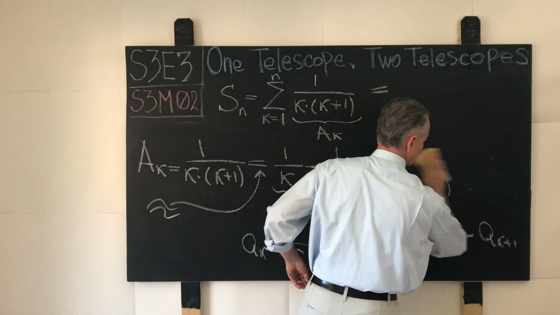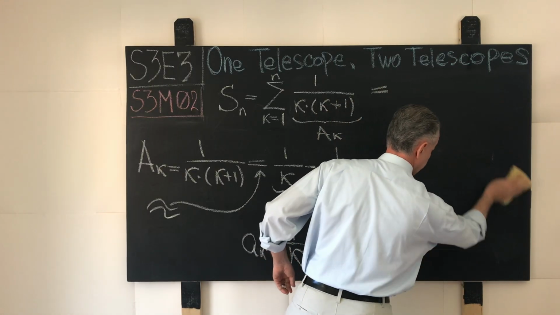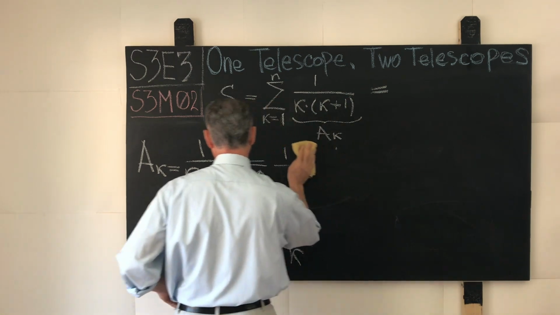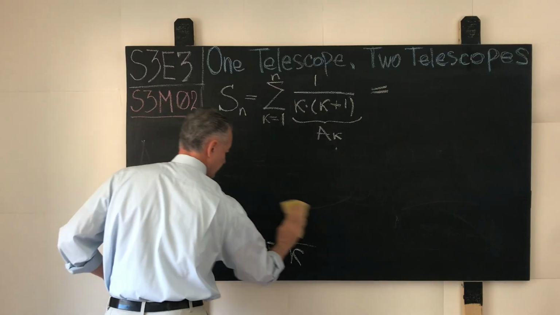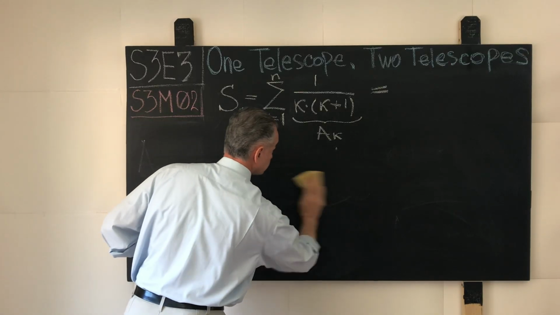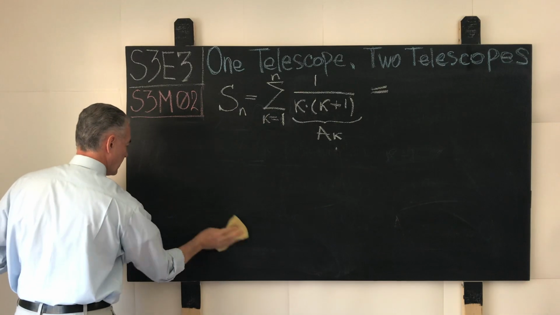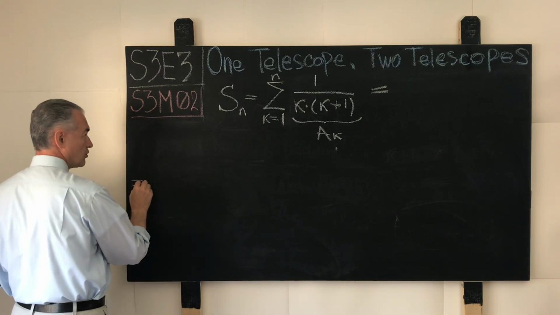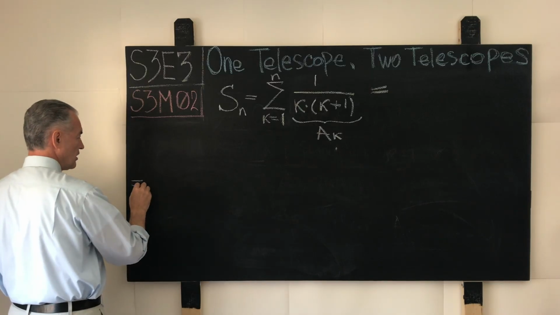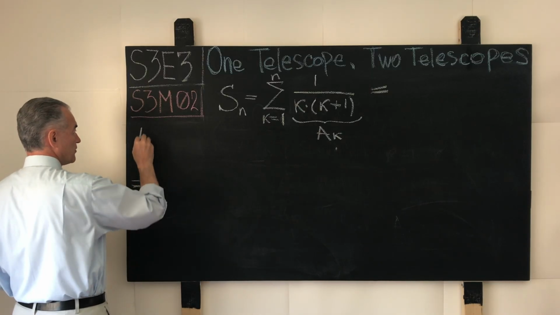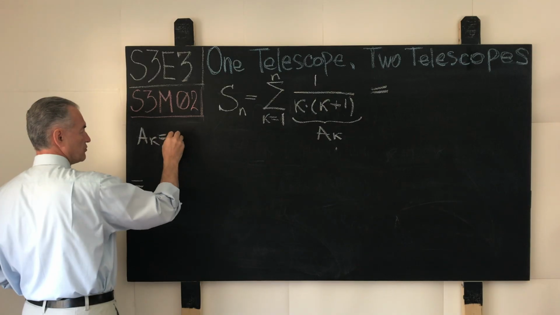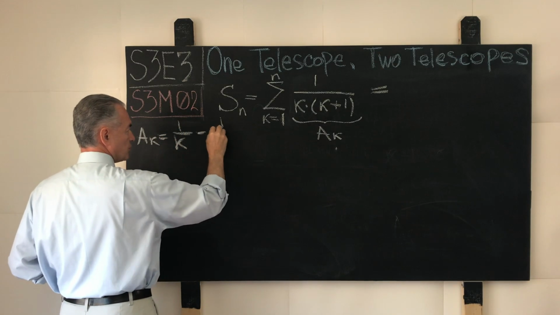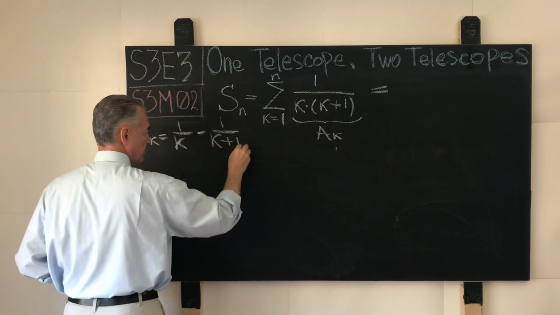let us carry out a few computations. Spell out the sum with this observation that we just made. So here we will have each and every term. Remember that AK, I will write down over here, is 1 over K minus 1 over K plus 1.